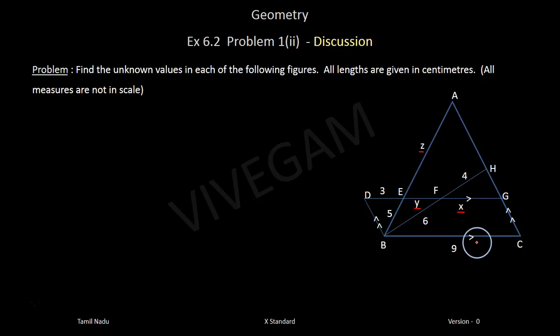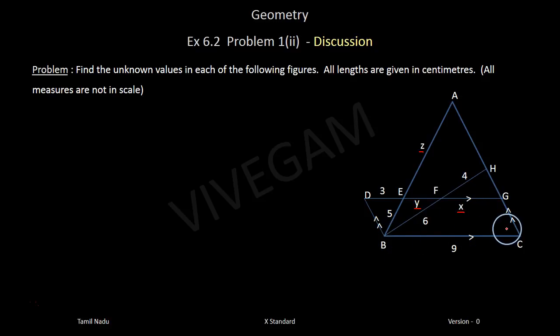So if these two lines are parallel, then this triangle HFG will be similar to HBC. I'll show it a little later how it is similar. Okay, now we'll just take it as similar. So which means this side divided by this side will be equal to this side divided by this side, right?